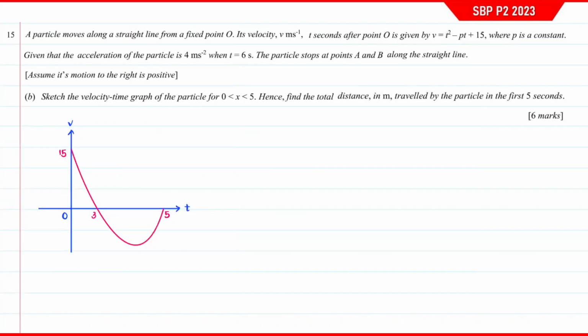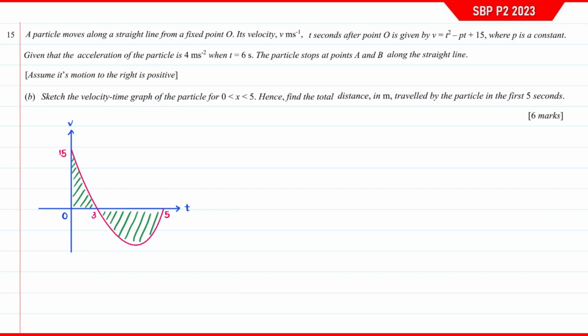Next, we're going to find the total distance traveled in the first 5 seconds. From the velocity-time graph, the distance traveled will be the area under the curve. To find the area under the curve, we're going to use integration. One part of the area is above the t-axis, another part is below the t-axis, so we're going to integrate them separately.